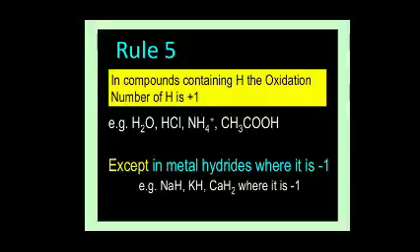But when hydrogen is combined with first and second group elements, its oxidation number is minus 1. Like sodium hydride, here hydrogen is minus 1, sodium plus 1. Potassium hydride, hydrogen minus 1, potassium plus 1.